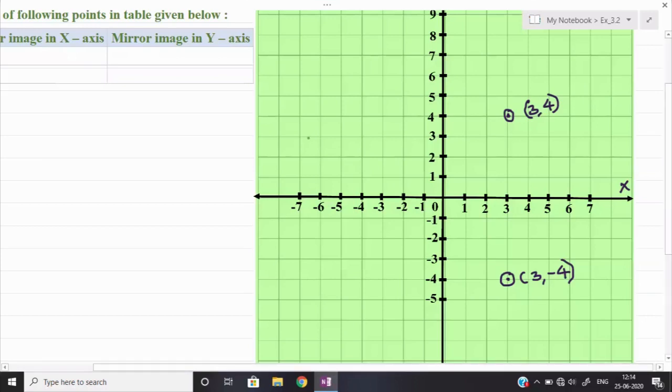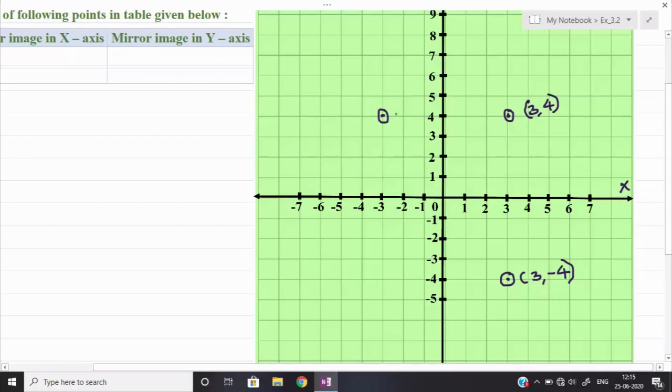Similarly, if I go horizontally, reaching the y-axis, and want to create a mirror image from this point, horizontally I need the distance of 3 units and vertically again 4 units. The condition is the same, but now the distance is taken from the y-axis. So from here, if I go 3 units horizontally and mark a point, the vertical distance will be 4.